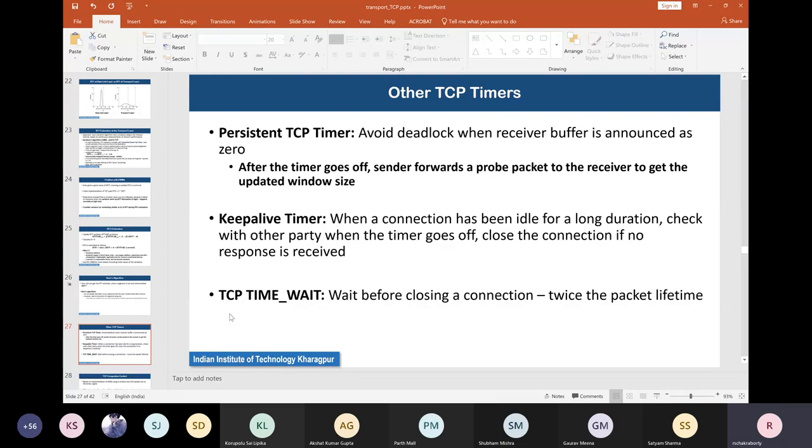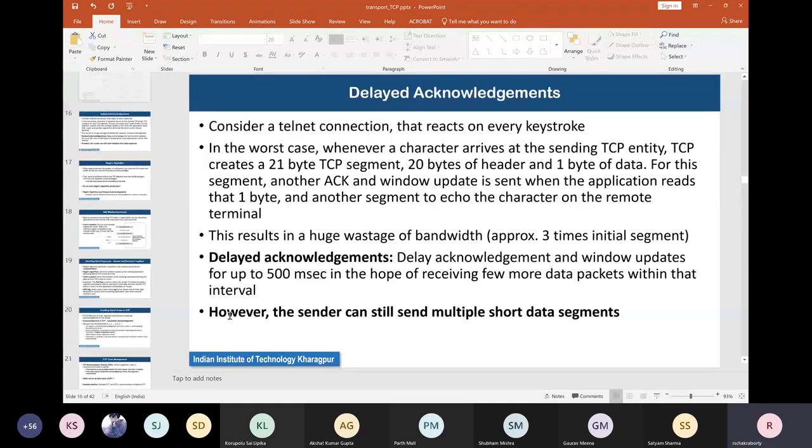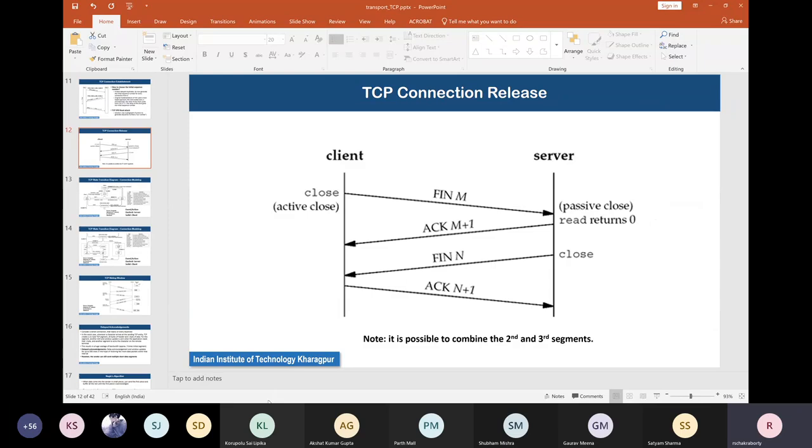Then there is the TCP time wait interval. This is basically during the final phase of handshaking when closing a connection: you wait for some time. Suppose the acknowledgement n+1 that should have come after the FIN packets is not coming back.